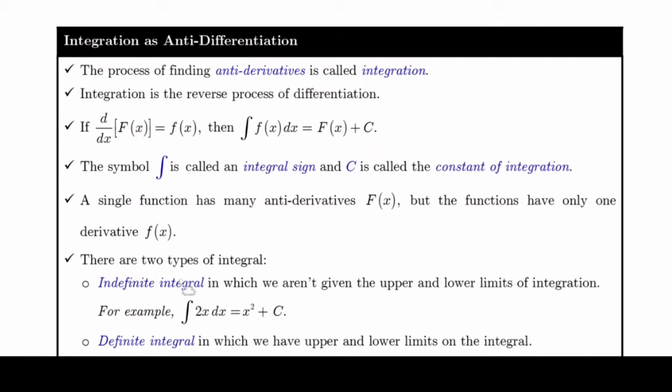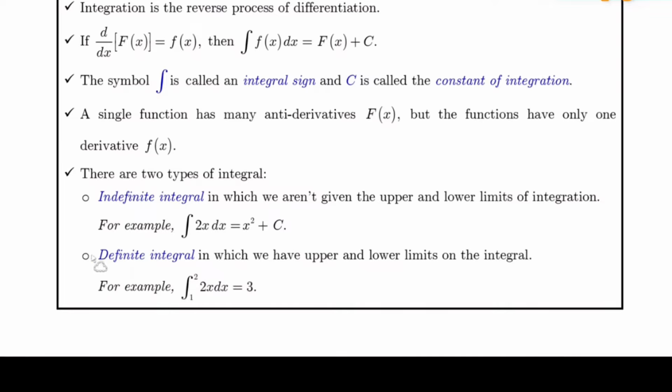There are two types of integral. We have the indefinite integral, in which we are not given the upper and lower limits of integration. Therefore, for the final answer, we have plus c, where c is the integral constant.